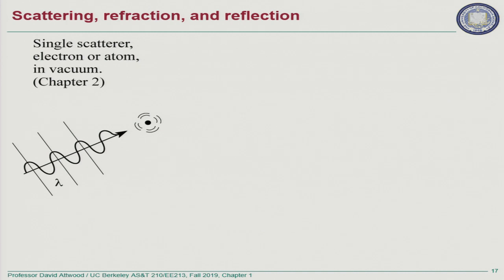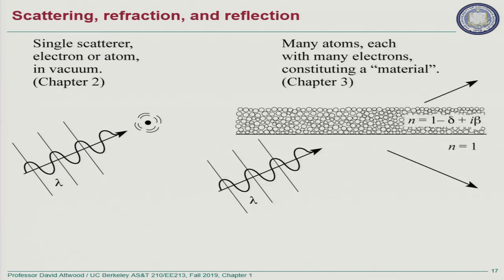So this is in the textbook: chapter 2 is about single scatterers, like an electron or an atom, and chapter 3 is about materials, so going up to the more macro scale view.